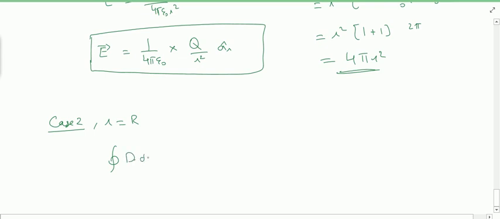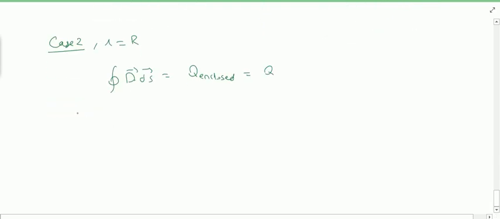D dot ds equals the charge enclosed. Here also the charge will be q, and D dot ds have the same component because the surface vector and the D vector are in the same direction, that is a_r cap. So this becomes again D into 4 pi.